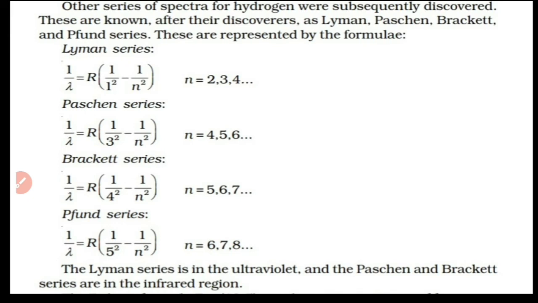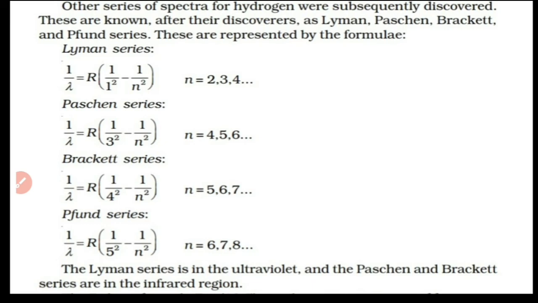Then for the Brackett series and Pfund series also, empirical formulae were discovered. So these formulae don't have any theoretical background or support. So when an atomic theory came, when the structure of atom was explained by Rutherford, naturally questions arise regarding the spectral studies of hydrogen and other elements.